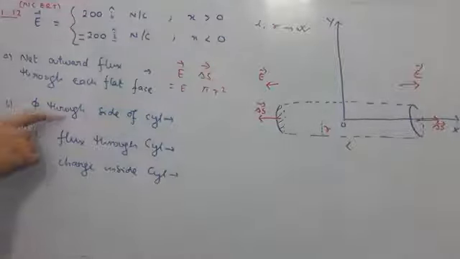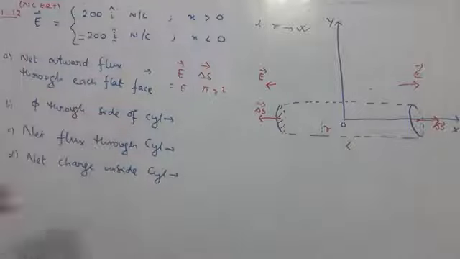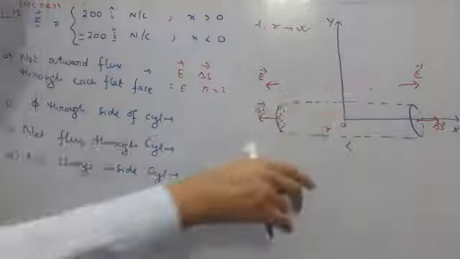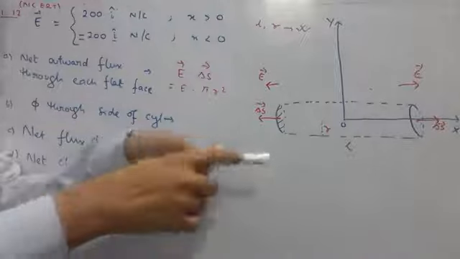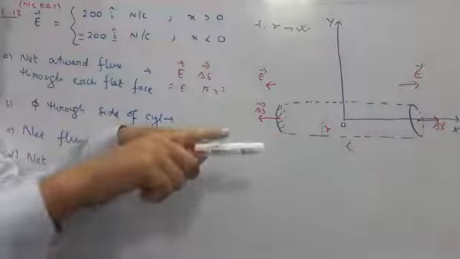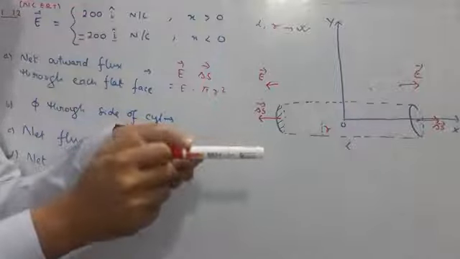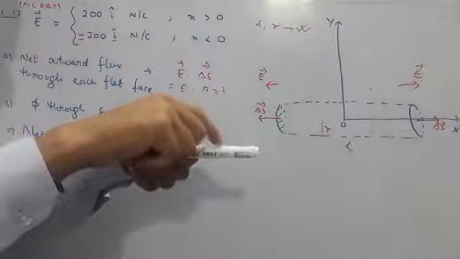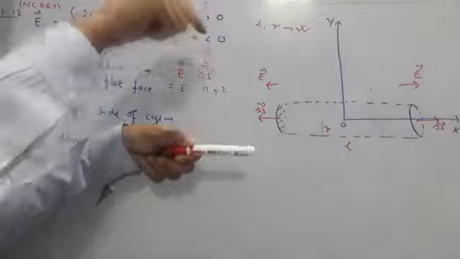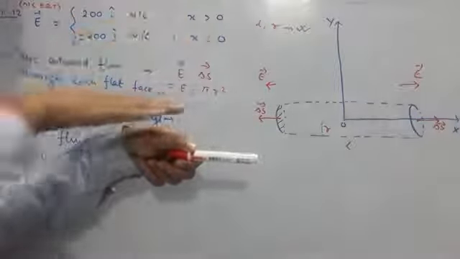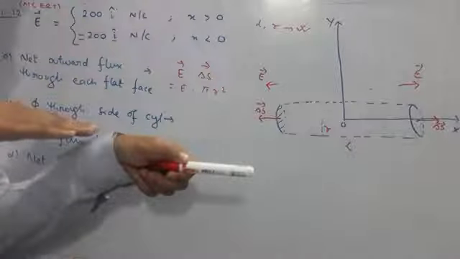Next it is asked, flux through the side of the cylinder. Side of the cylinder means the lateral surface of the cylinder. So this is the cylinder, you can see. These are the flat faces, this is the lateral surface. Now if you choose any element on this lateral surface, students, for example at the top, the area vector will be directed upward, but the electric field vectors are directed along the x-axis.